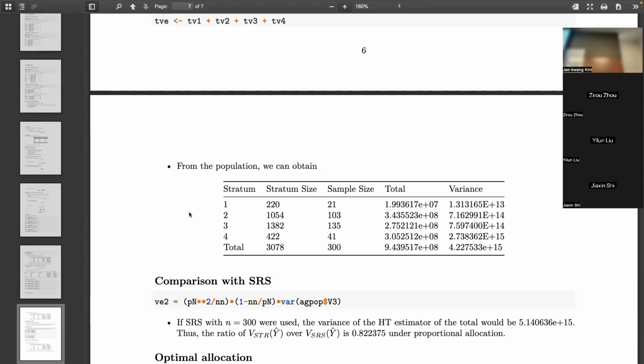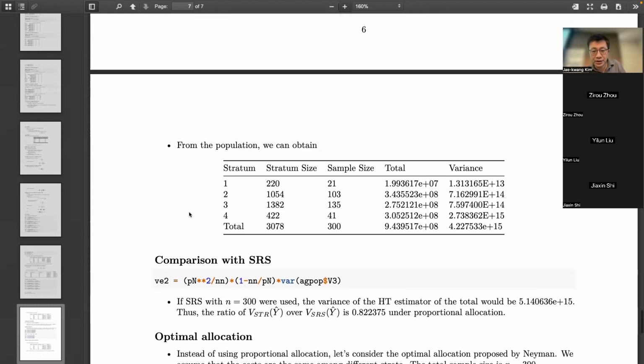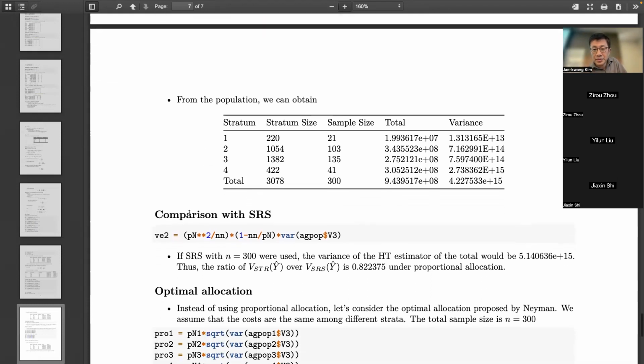The ratio of the variance of stratified random sampling over simple random sampling is about 82%, so the variance goes down by using the proportional allocation. But this doesn't seem to be a lot.